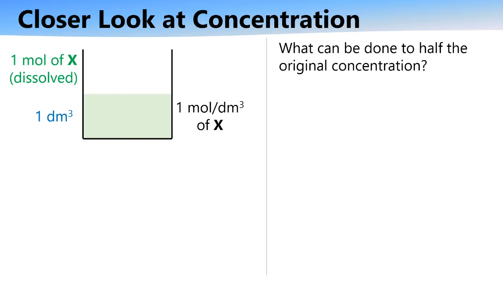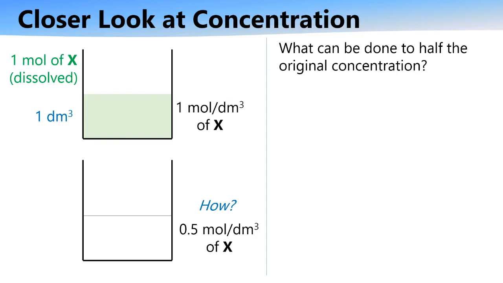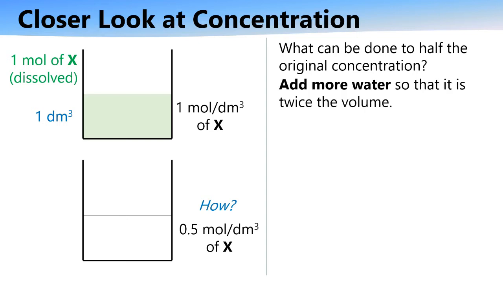Since dividing the solution into 2 does not make it half the concentration, how can I make a solution with half the concentration? Think about it. Okay, right, one way would be to add more water so that it is twice the volume.